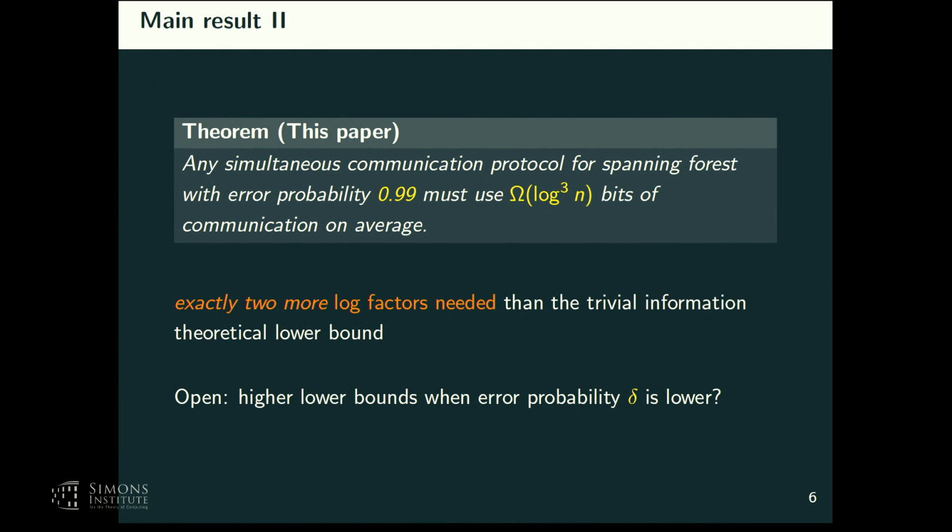So an interesting question would be whether we can get a higher lower bound. Are we also interested in the regime where delta is closer to 1? We don't know yet. This lower bound only holds when error probability is bounded away from 1.